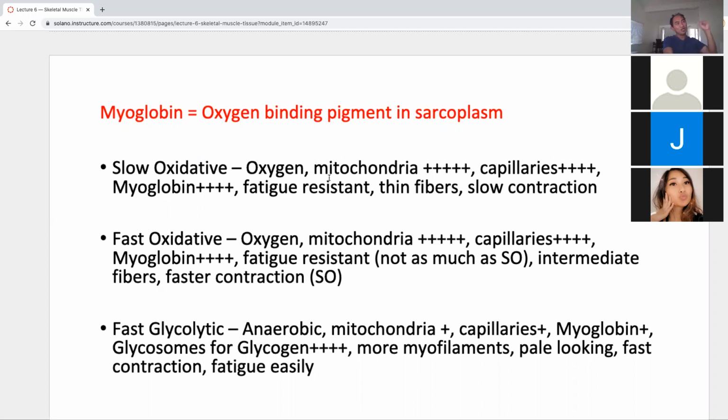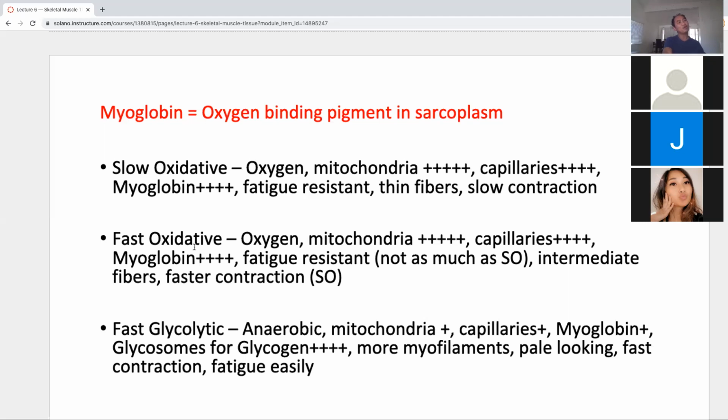So they need a lot of oxygen, means they need a lot of blood supply, which means they have a lot of capillaries. And they have a pigment called myoglobin. They are fatigue resistant, like the muscles in the back, trapezius and latissimus dorsi. They are thin fibers and they are slow to contract. Like you cannot contract and relax with the back muscle like this.